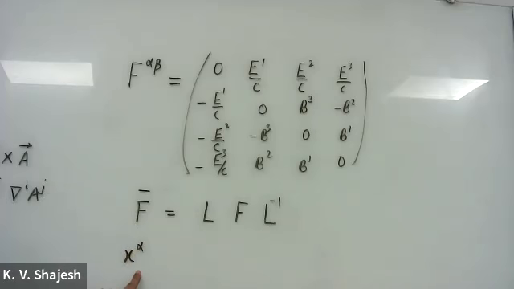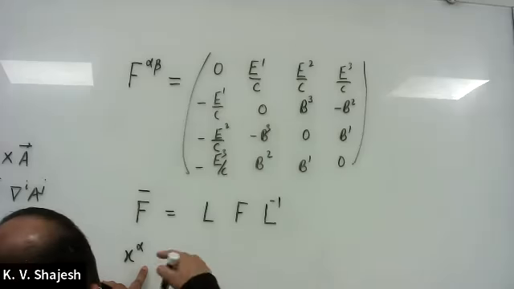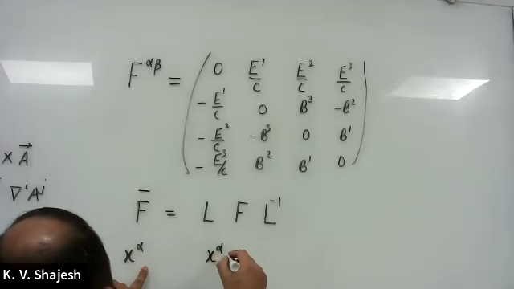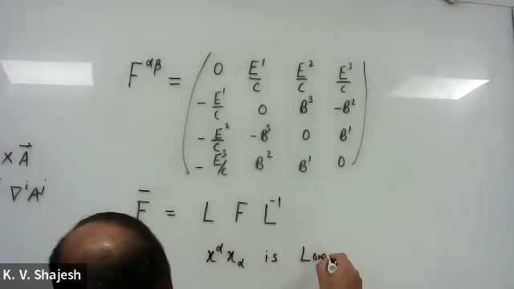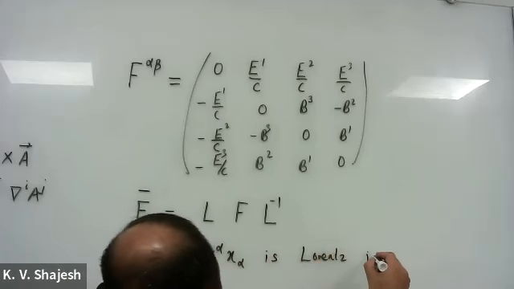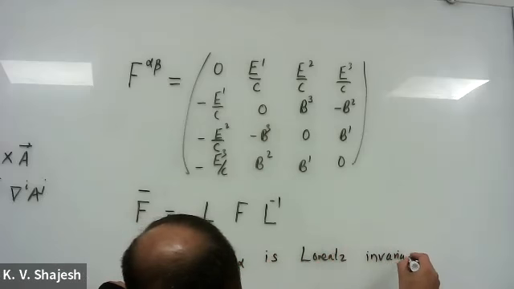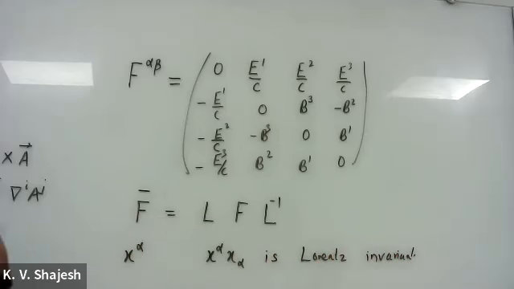Not x, not time, but what remains the same? That's x alpha dotted with x alpha. This is Lorentz invariant, right? So if you measure it, it will be the same in every frame.